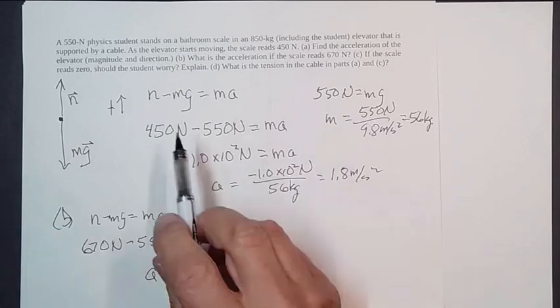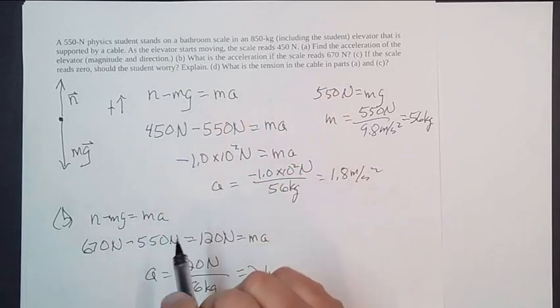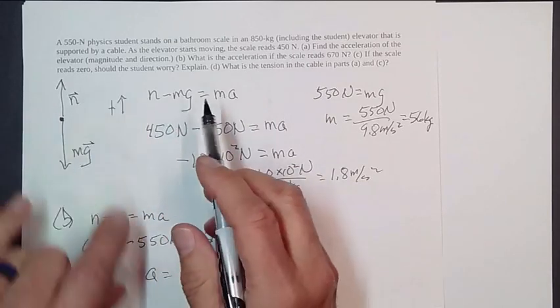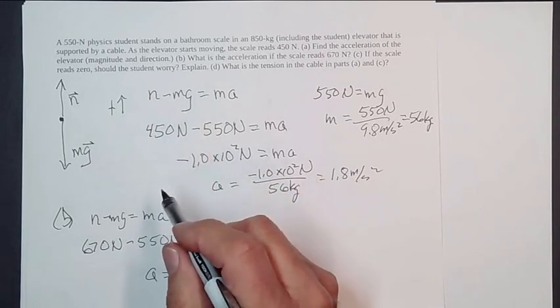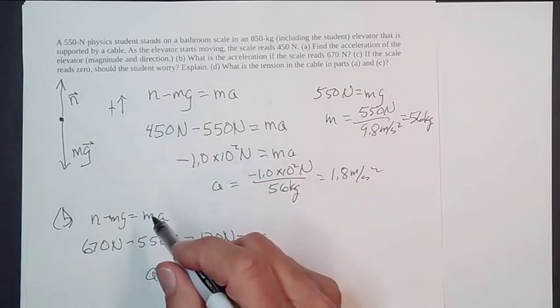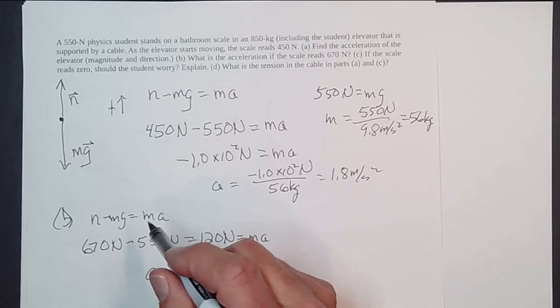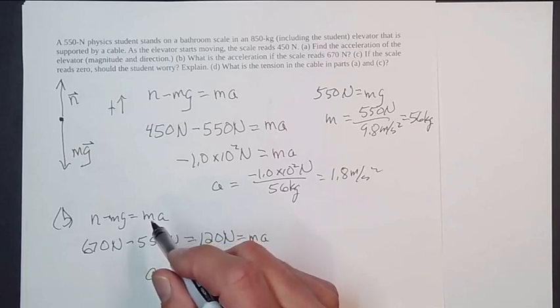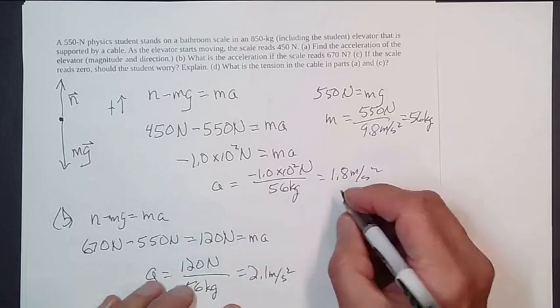Okay, let's see. If the scale reads 0, should the student worry? Well, here's what that means. If the scale reads 0, that means the student is not exerting a downward force on the scale, which means the scale is not exerting an upward force on the student.